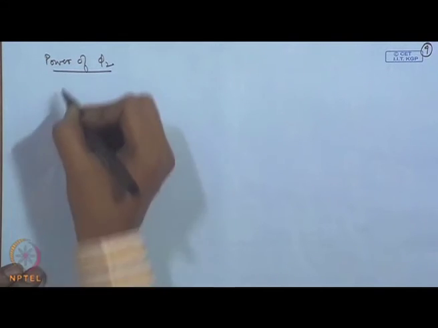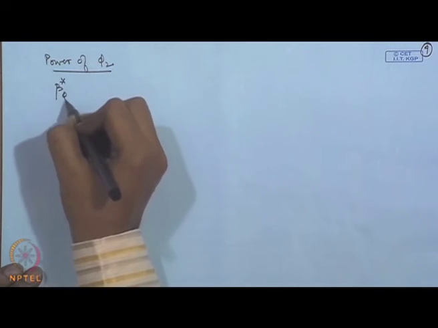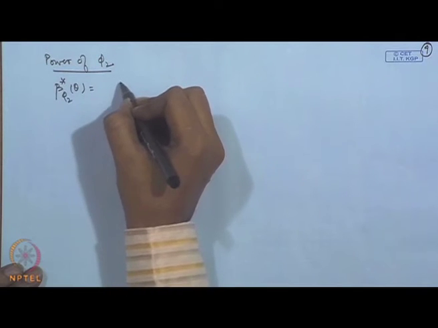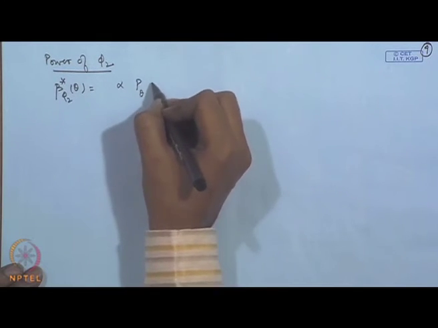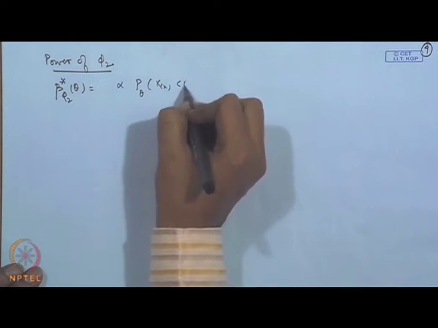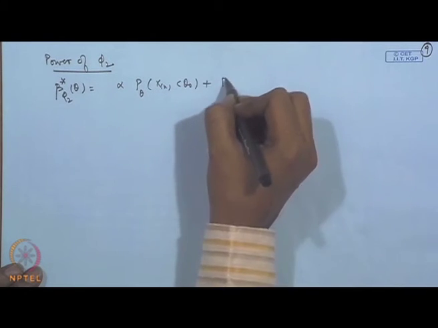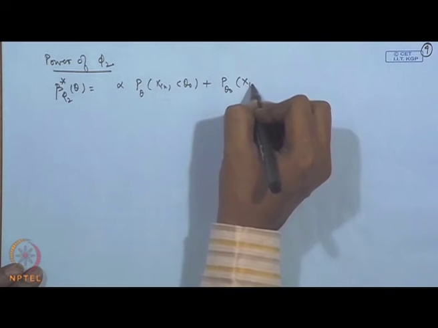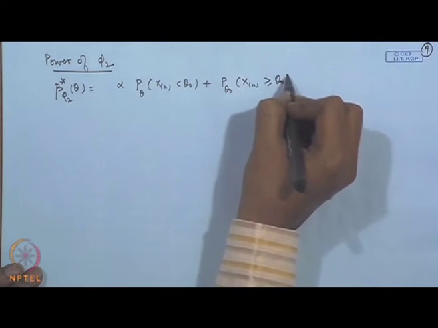Let us now look at the power of phi 2. The power function of phi 2 is equal to alpha times probability theta x_n less than theta naught plus probability theta x_n greater than or equal to theta naught.